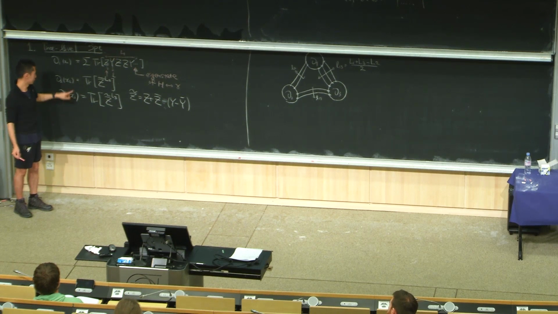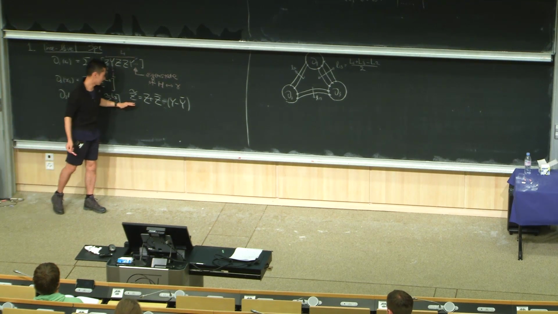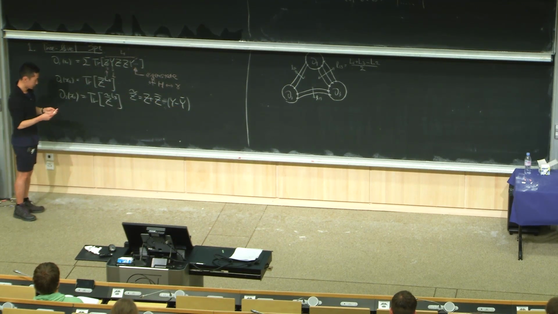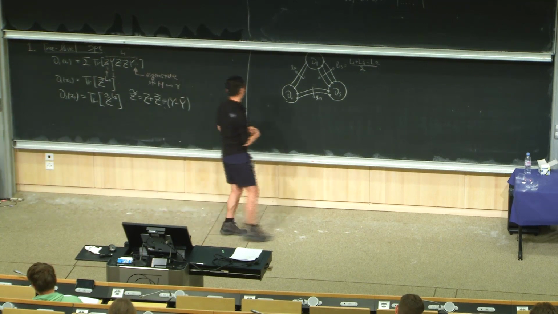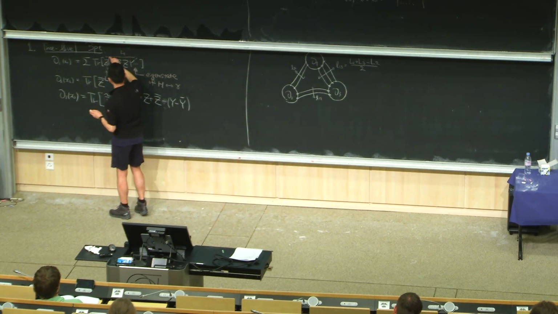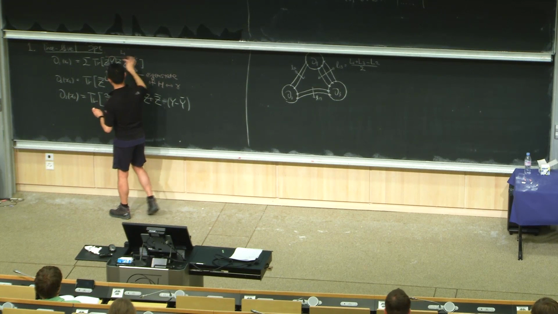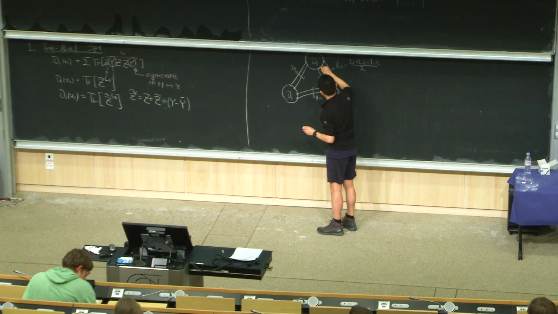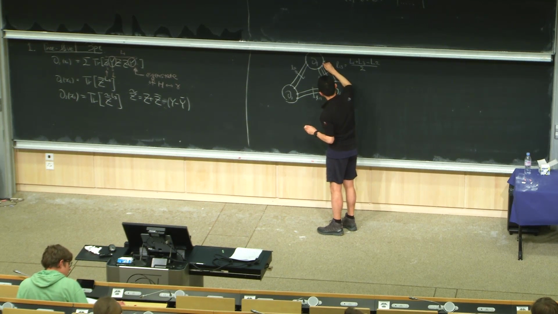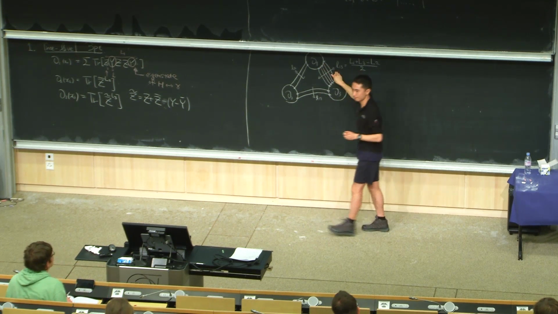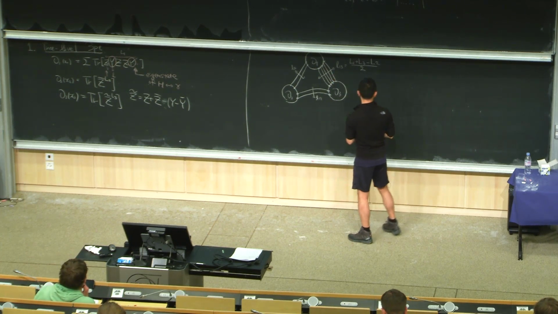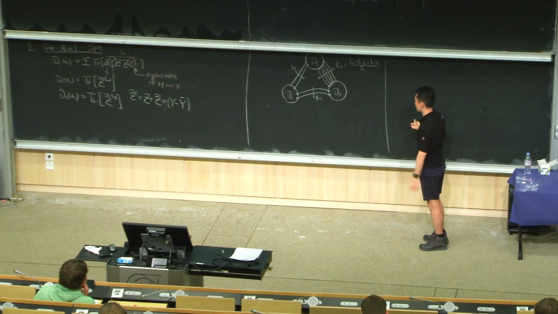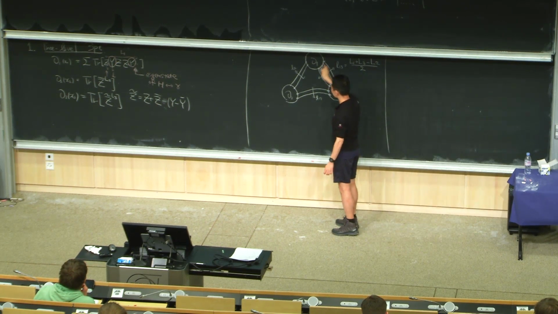But Y can contract with Z twiddle because the twiddle contains Y bar. So this means that, denoting the Y's as the excitations from the spin chain picture, the Y's can only live on this segment. Do you understand?